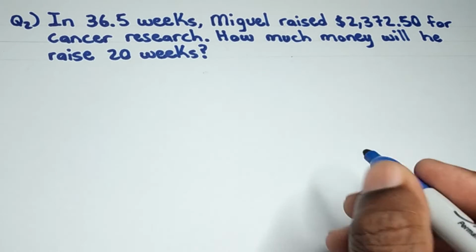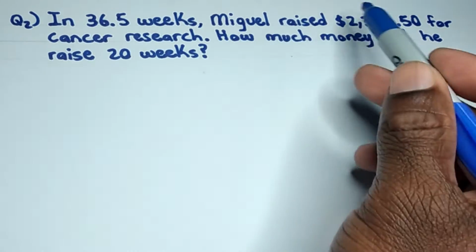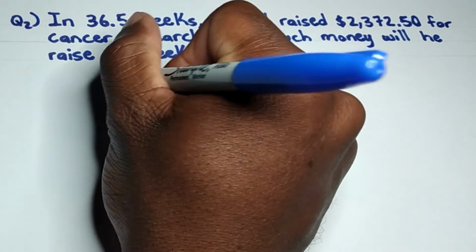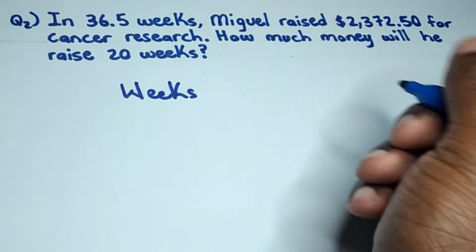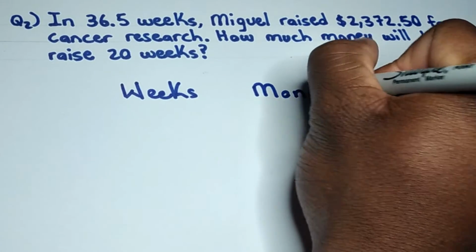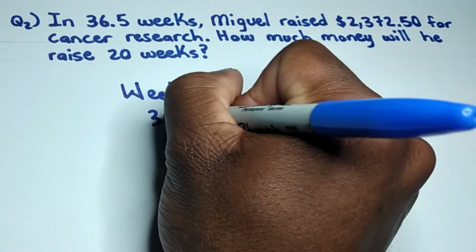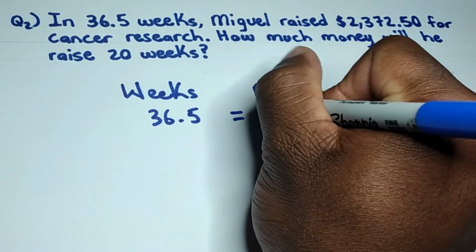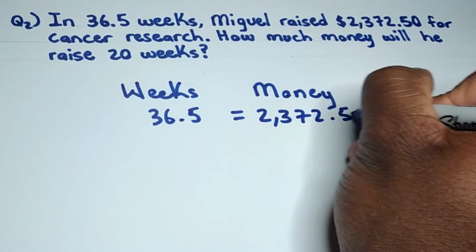All right, and look how we can set this thing up. Of course, the two variables would be weeks and the amount of money that he'll earn. All right, so here we can have what? Weeks. We can have weeks and money. So we'll have in 36 and a half weeks or 36.5 weeks, he'll make $2,372.50.